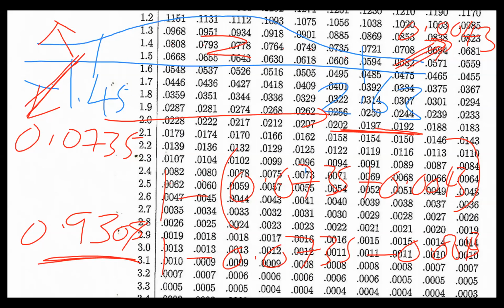I think on this one you have misled me. Where they meet with negative 1.4 is 0.0, 0.1, 0.2, 0.3. It should be 0.0749, isn't it?